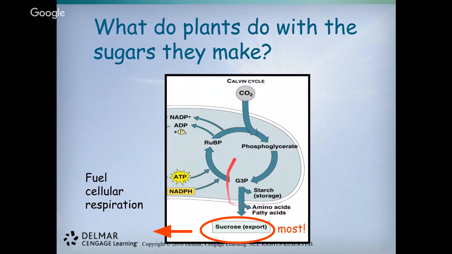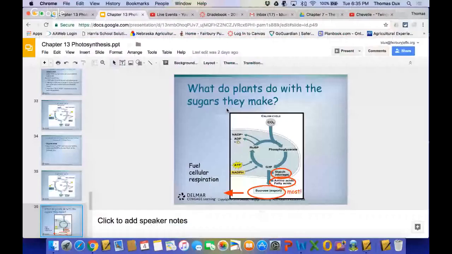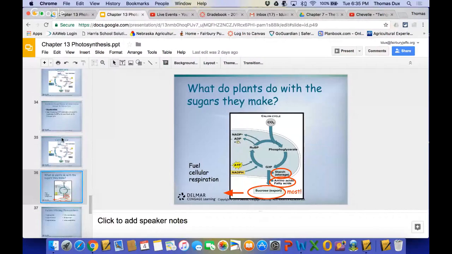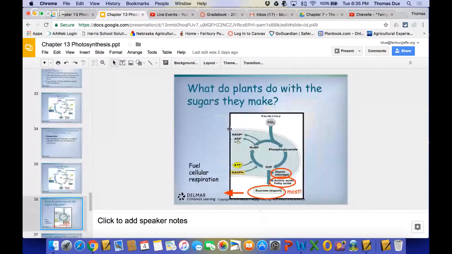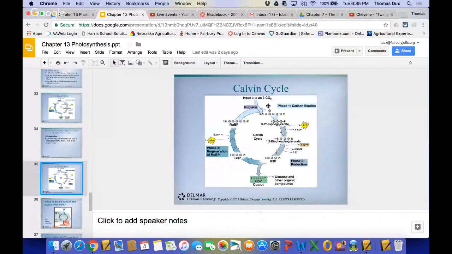It's fuel for the cell. This sugar fuels every part of the cell, and that's what we'll talk about as the chapters go on. Next, part 3 is finishing up, talking about factors that affect photosynthesis. But hopefully this was a little bit of information on how this Calvin cycle actually works and how glucose is actually made.